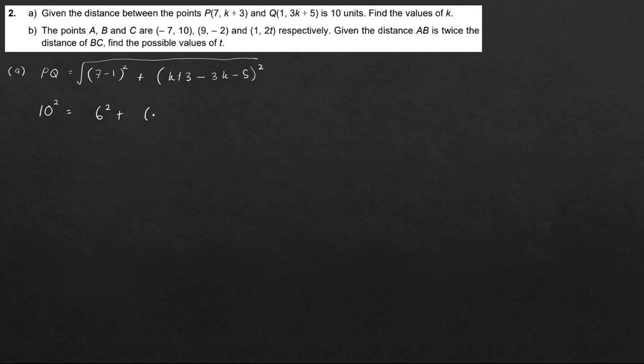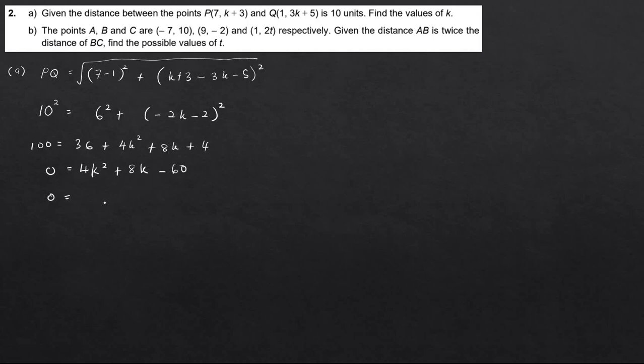From there we get negative 2k minus 2, squared. 10 squared is 100. 6 squared is 36 plus, let's expand negative 2k minus 2 and simplify, we should get 4k squared plus 8k plus 4. Bring everything to the right and rearrange. We get 4k squared plus 8k minus 60.